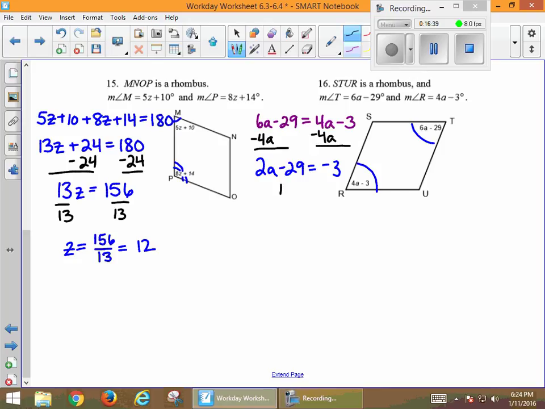I'll add 29 to both sides. And find that 2A is equal to 26. And lastly, divide by 2 on both sides. And I get A to equal 26 divided by 2, which is 13.